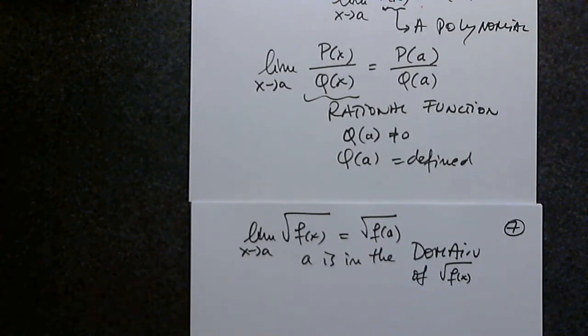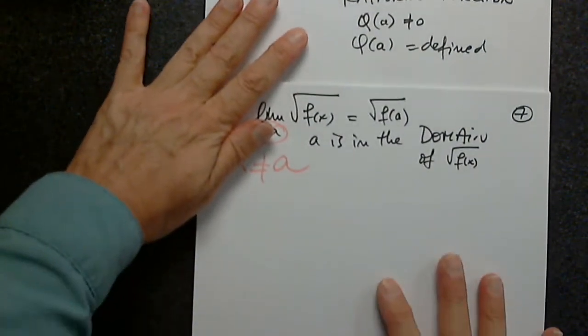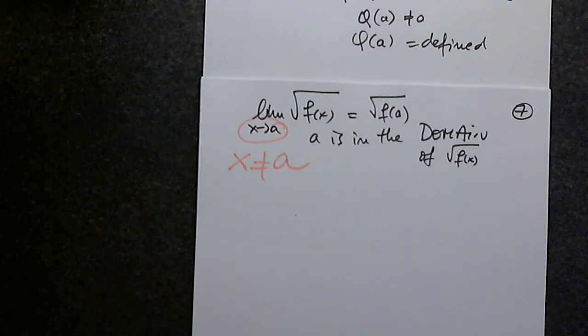But we really mean it. When we say x approaches a, we really mean x does not equal a, for sure. Any questions? I have one more theorem here that I need to talk about, and that is called the Squeeze Theorem.